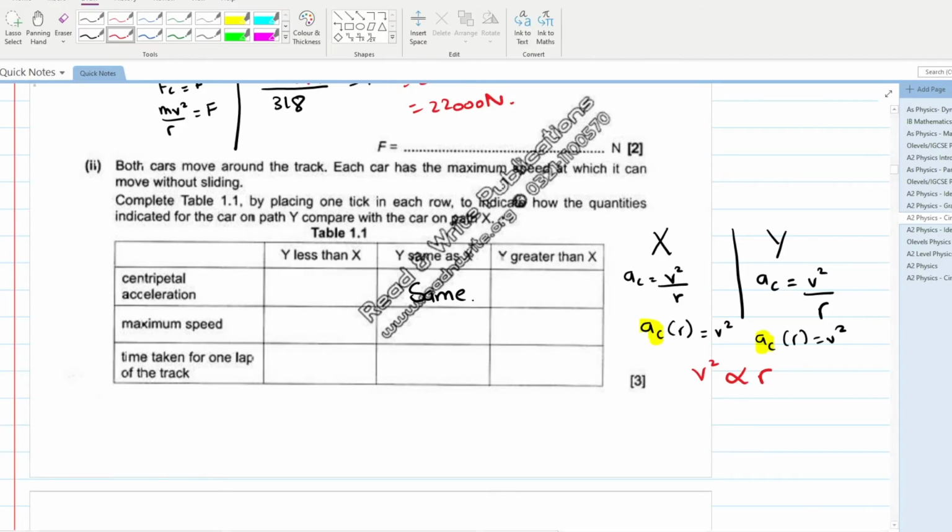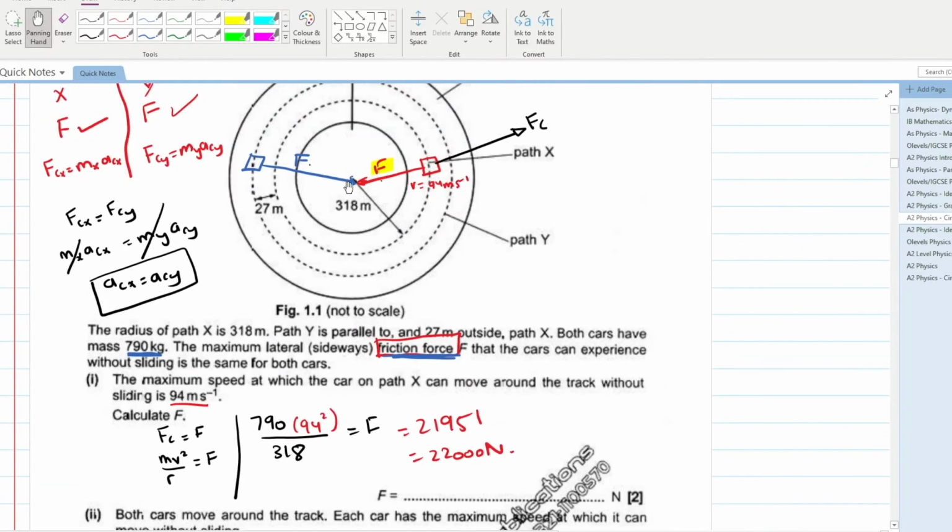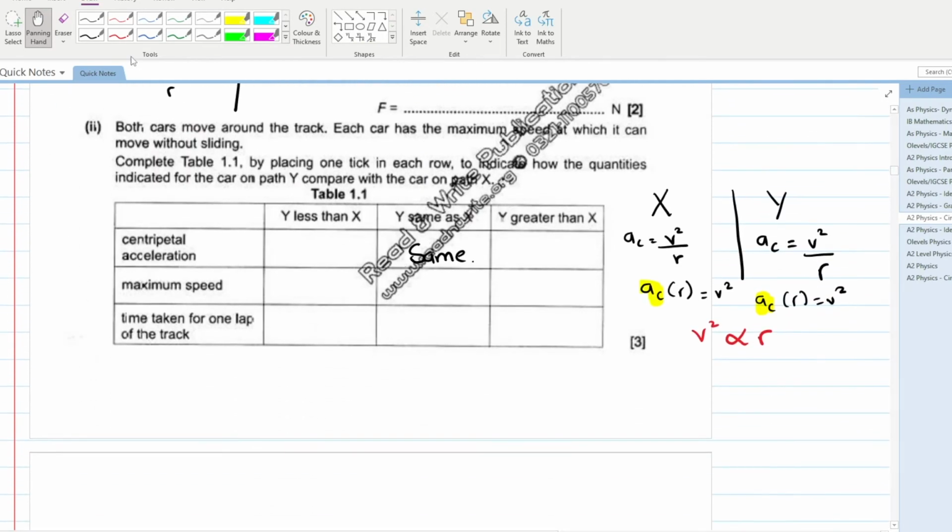And I know from the diagram that the radius of y is greater than the radius of x. If the radius is greater, this means what? Velocity will also be greater. So we will place a tick mark on the greater side.